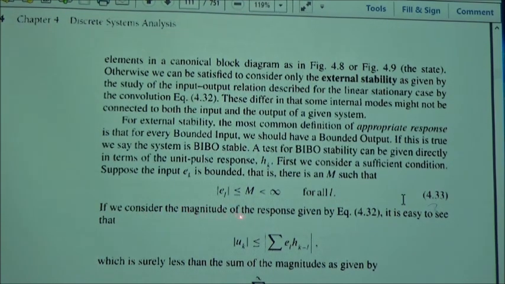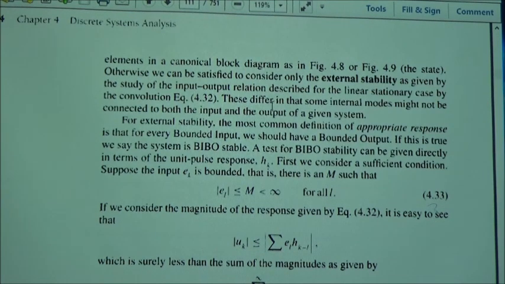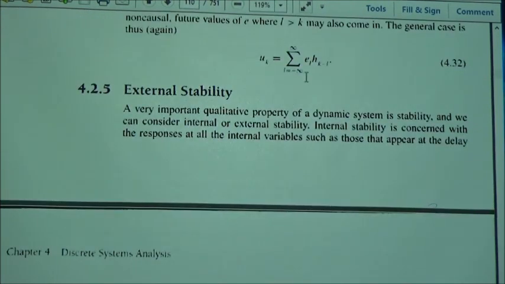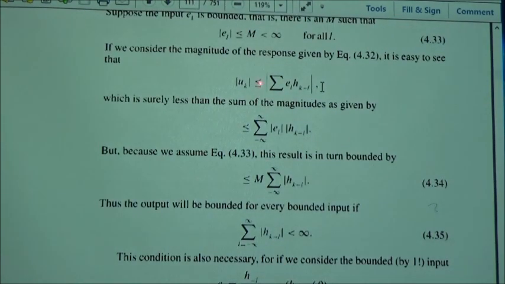If we consider the magnitude of the response of this equation, which is the output in terms of the input times the impulse response, then we have the bound of the output represented by this.